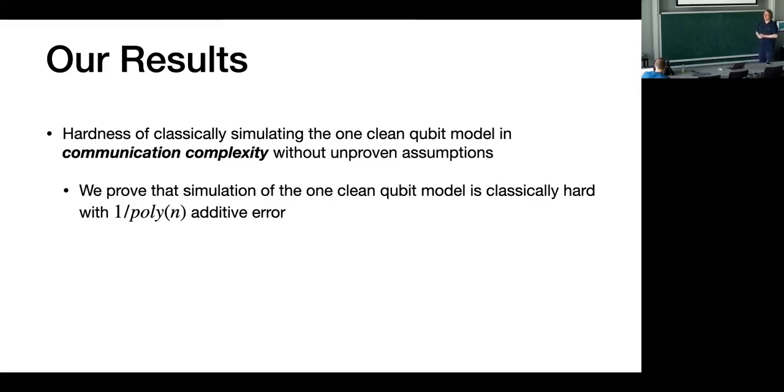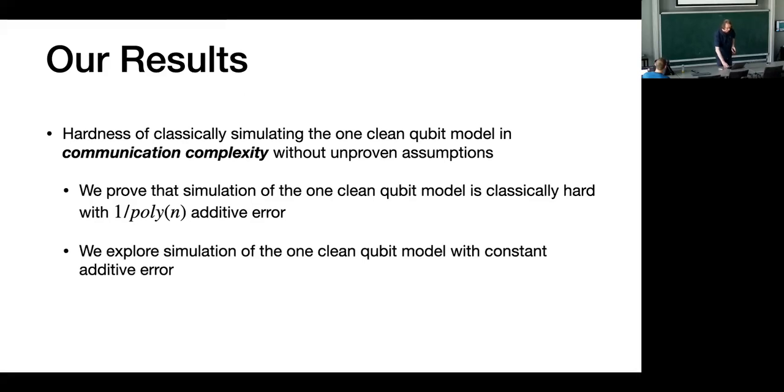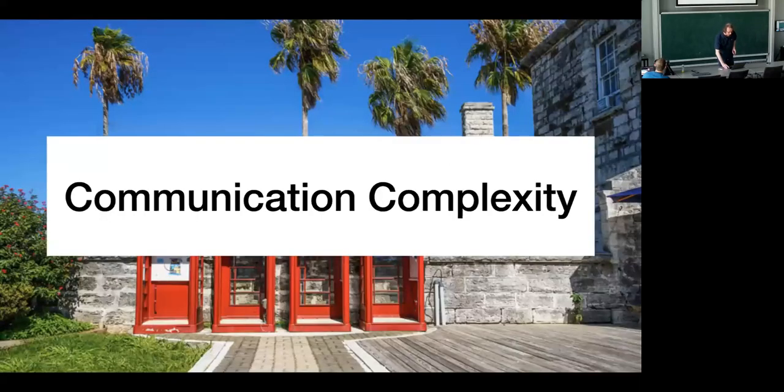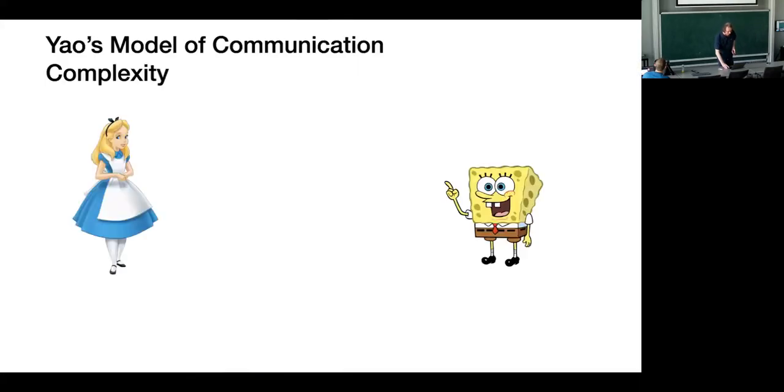And essentially, you would have to argue that the NMR has some bounded storage capacity, this being the communication medium. Okay. We also look at the situation where the simulation error is constant, but we don't have definite results for that.